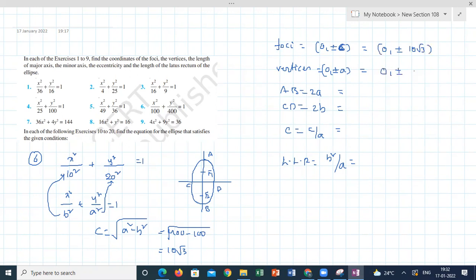Vertices 0 comma plus or minus 20. 2a, where a is equal to 20, so 40, this is 20. 10 root 3 by 20, that is root 3 by 2 is eccentricity. b square is 100, a is 20, 5.